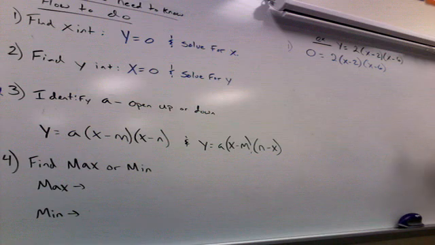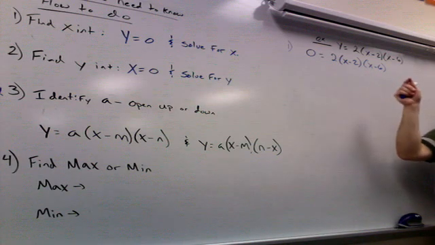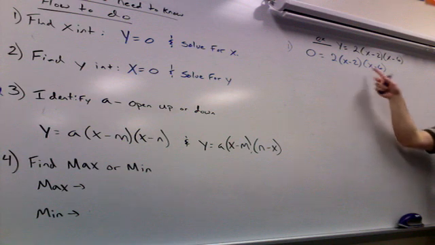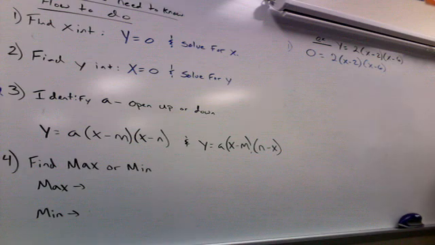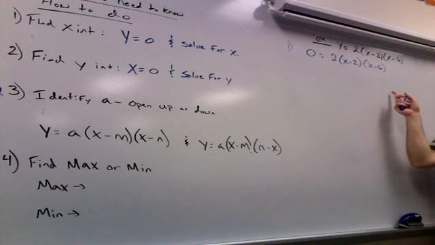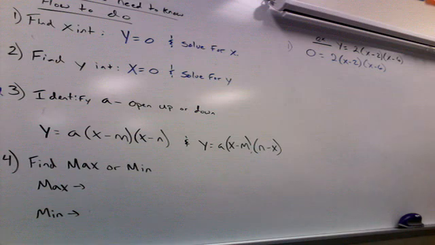There's 2 possible x values that'll make this 0, and we find them in these factors, the x minus 2 and the x minus 6. So I can make this whole thing equal 0 if one of the factors equals 0.